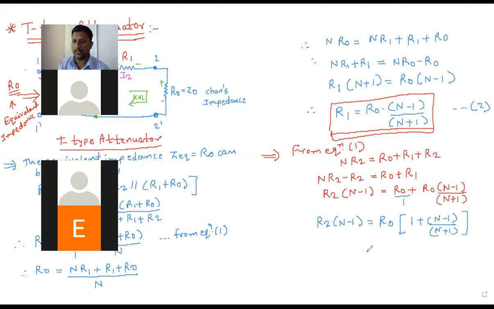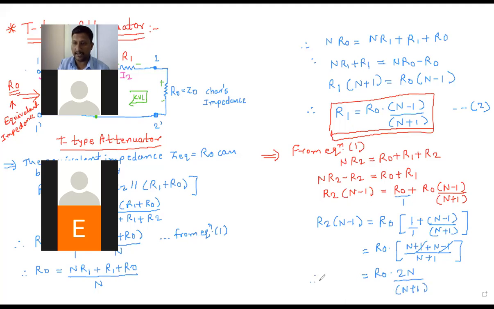So R0 into, हे ब्रॅकेट तुम्ही सॉल्व करा. 1 into n plus 1, that is n plus 1. So ह्याच्यात -1 आणि +1 कॅन्सल होतो. So what is remaining here? R0 into 2n, n plus n म्हणजे 2n, divided by n plus 1.